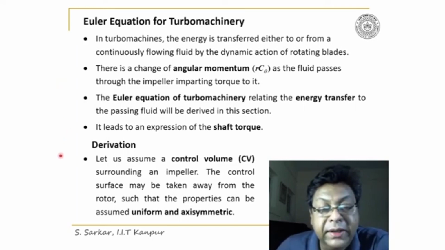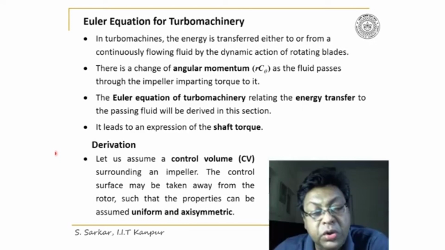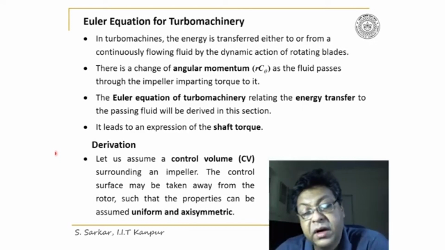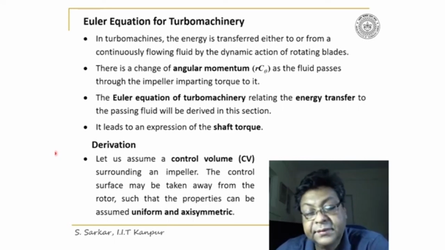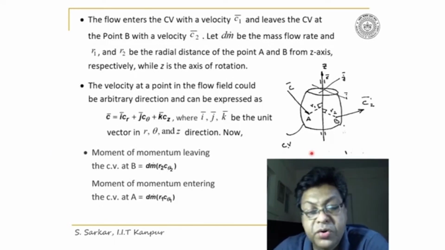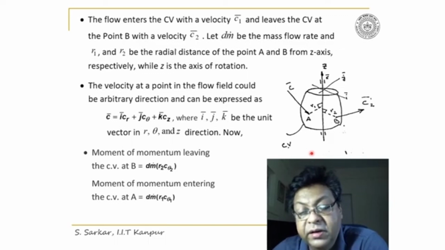Now, while deriving, I have considered a control volume surrounding an impeller. The control surface may be considered away from the rotor such that the property may be assumed uniform and axisymmetric. Thus, I have taken a control volume surrounding the impeller, and Z is the axis of rotation of the machine.